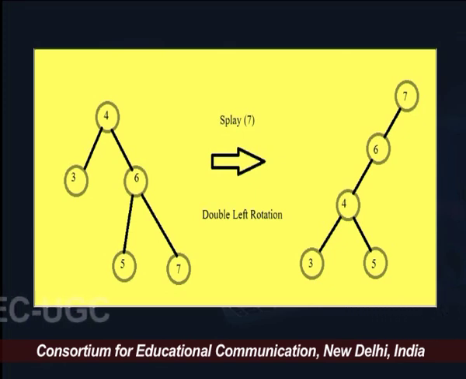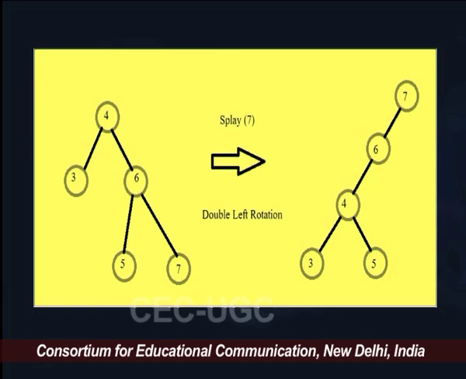Obviously, the order of the nodes is to be preserved, and in the second zag rotation, 7 is going to take the position of 4. So now you can see 7 is the root node, to the left of that it is having 6, then to the left of 6 it is 4, and 3 and 5 are the left and right child of 4. And also please notice the change in height when we are performing double rotations.